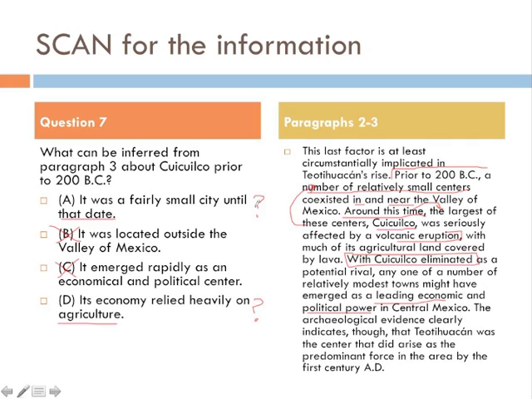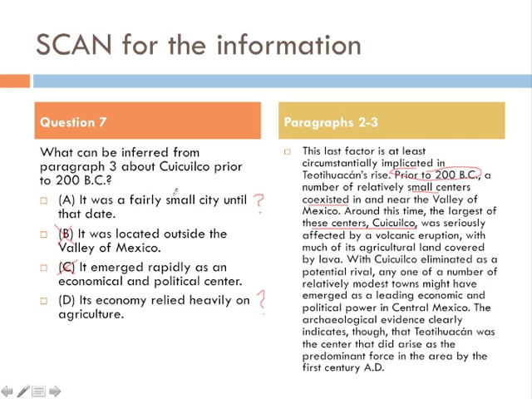So at this point, we've got two answer choices that seem fairly reasonable. But the question is, which one can we basically determine to be the answer choice here? So, which of the two seems to be more accurately reflected in the text? Well, as we go back and look again at those signals, prior to 200 BC, a number of these small centers coexisted. Around this time, the largest of these centers, Cuicuilco, was affected by the volcanic eruption.